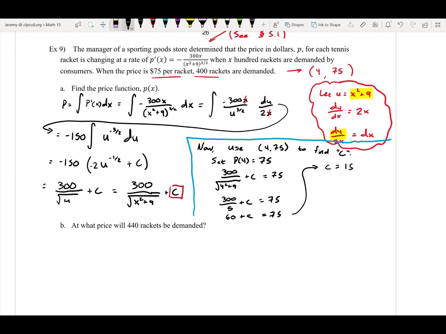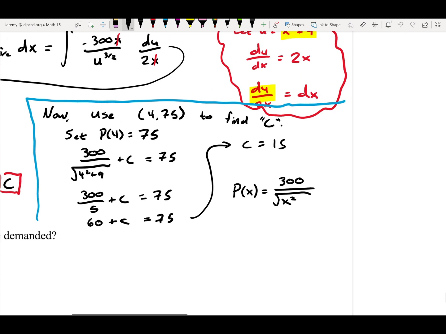And then subtracting 60 from both sides, I'm getting that c equals 15. So finally, p of x, our price function, is 300 divided by the square root of x squared plus 9, plus 15.